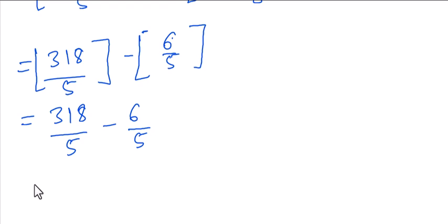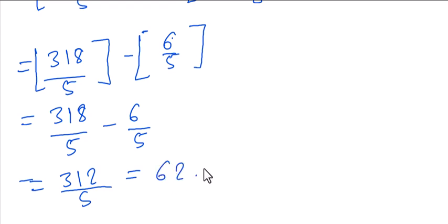We're going to have 312 over 5. So you divide 312 over 5, and you're going to have 62.4 as your final answer.